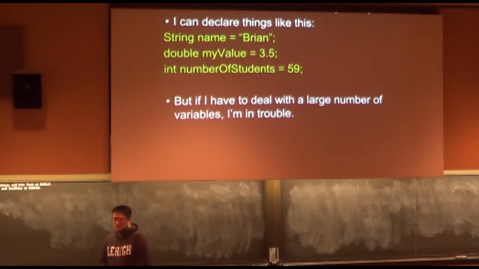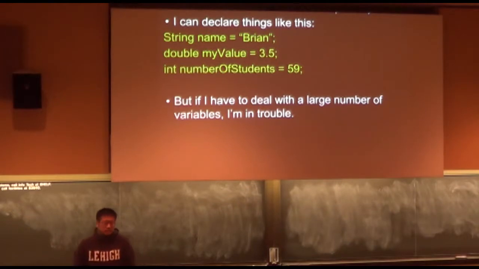Because you have computers so that they can do calculations for you, and if they can only do 1, 2, or 3 calculations, then you can probably do that by hand faster than you can write the code. So the reason why we have variables is so that we abstractly have a way of storing a large amount of data with just a few names so that we can refer to them.